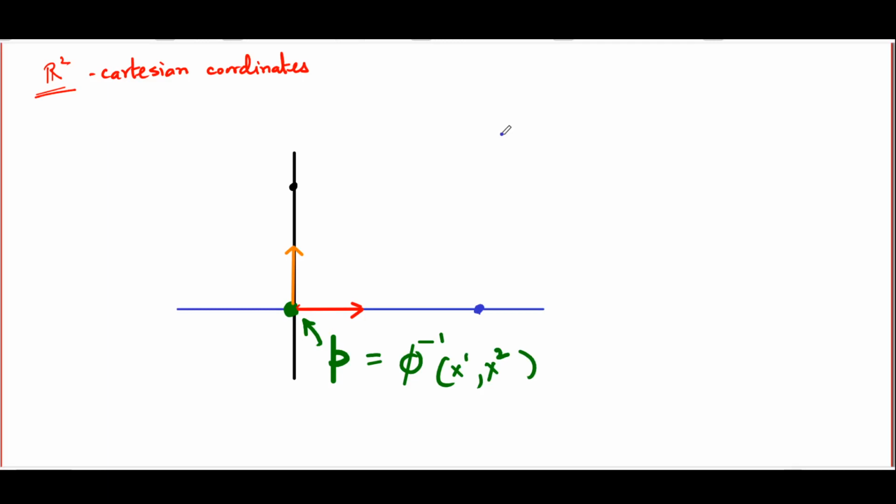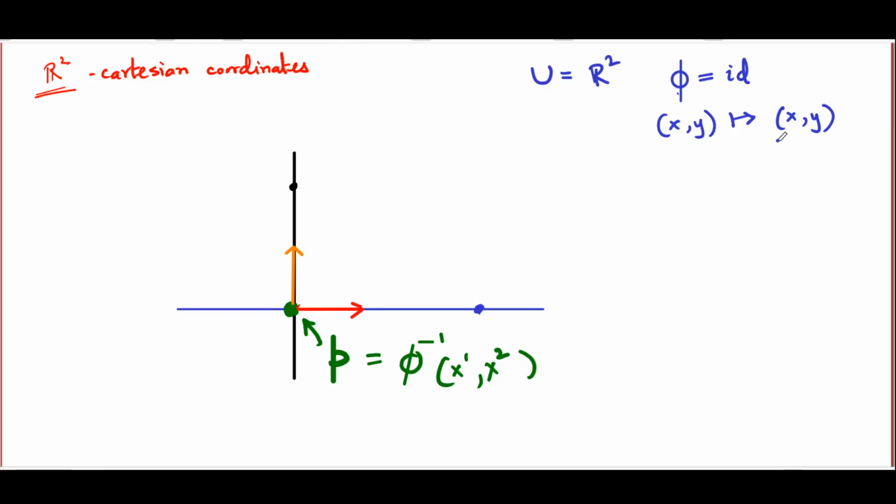We are going to talk about a plane R2, and here we are going to use the standard coordinates on R2, that is Cartesian coordinates. Let me remind you that here the chart (U, phi) has a domain U which is basically all of R2 itself, and the map phi that you use for this chart is simply the identity. That is, it takes a point (x, y) of R2 and maps it to (x, y).